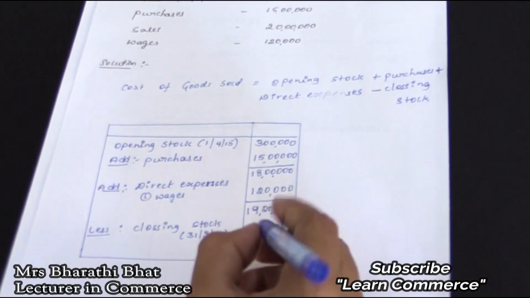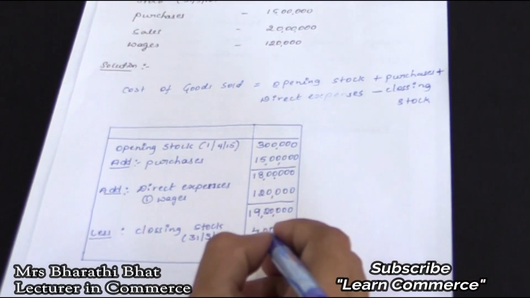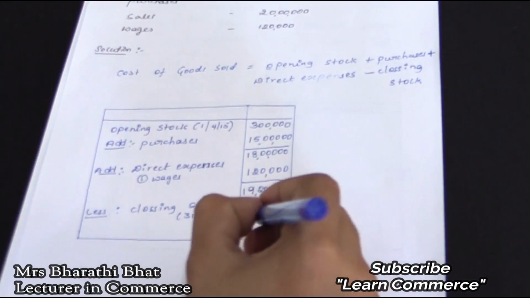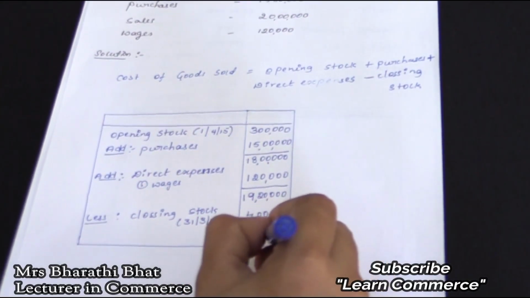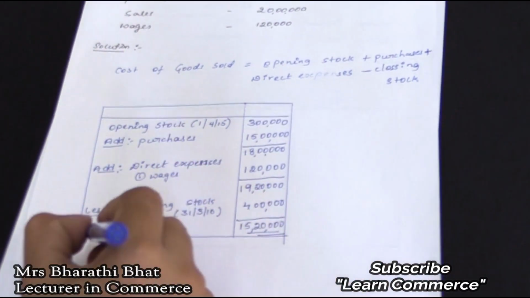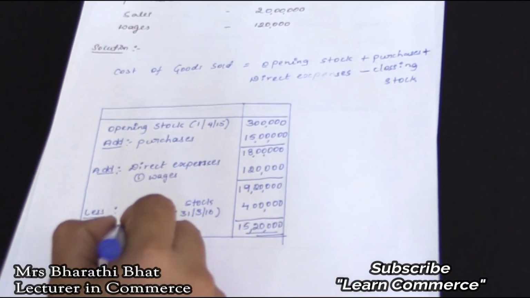So 19,20,000 minus 4 lakh gives 15,20,000, which is the final outcome. This is called the cost of goods sold.